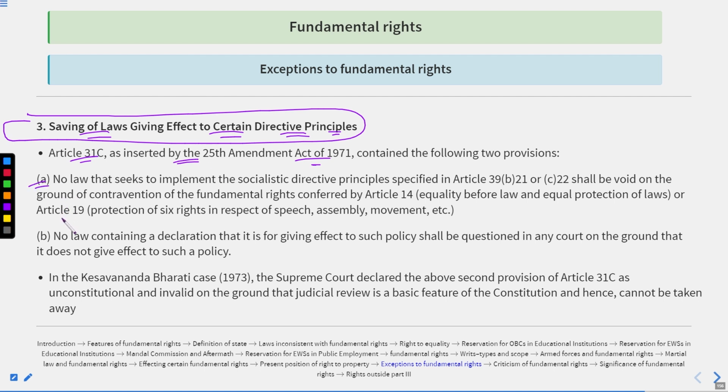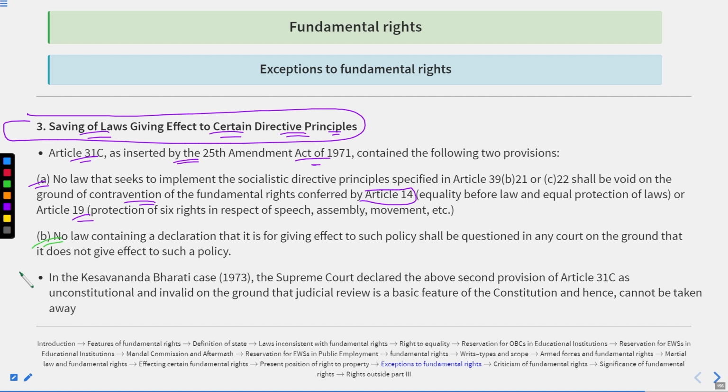No law that seeks to implement the socialistic directive principles specified in Article 39(b) or (c) shall be void on the grounds of contravention of the fundamental rights conferred by Article 14, equality before law and equal protection of laws, or Article 19, the protection of six rights in respect of speech, assembly, movement, etc. Thus, no law containing a declaration that it is for giving effect to such a policy shall be questioned in any court on the ground that it does not give effect to such a policy.